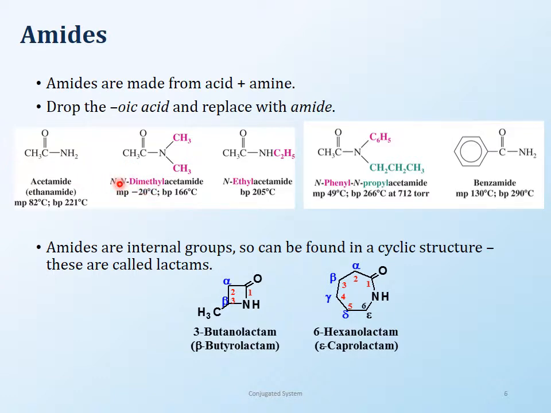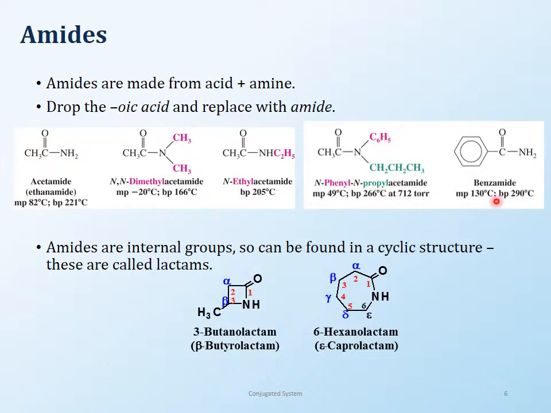Just because you say one N in there doesn't mean that you've accounted for both, because you can also have methyl groups on the chain here. So you want to specify that the methyl groups you're talking about are actually attached to the nitrogen. So N,N-dimethyl acetamide or N,N-dimethyl ethanamide. And then here we have N-ethyl ethanamide, where you have just one group. So again, just one N over here is good enough for that.